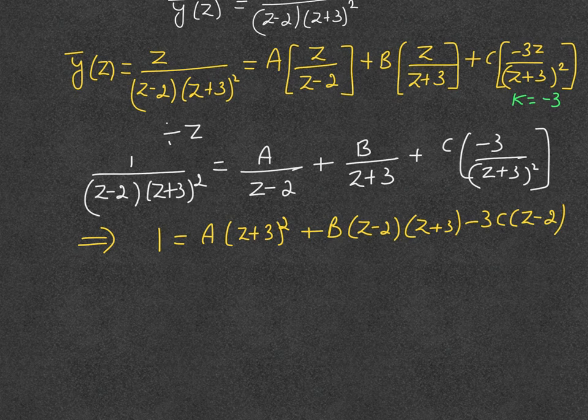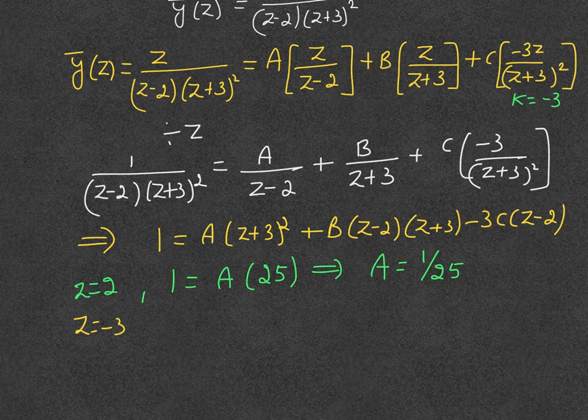By substituting z is 2, we get 1 is equal to a into 2 plus 3, 5 whole square is 25, and the remaining gives 0. A will be 1 by 25. Next, substituting z is minus 3, we get minus 3c into minus 5. So we get c is 1 by 15.